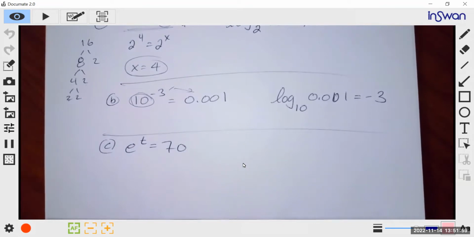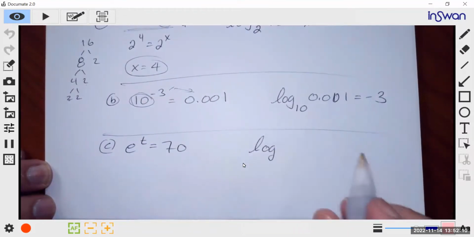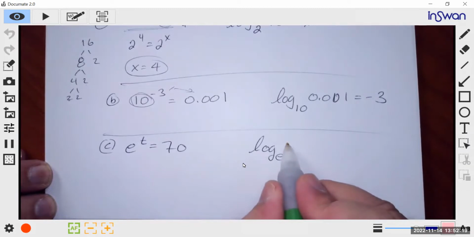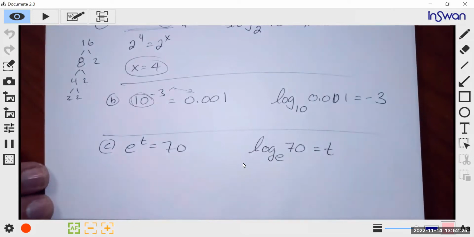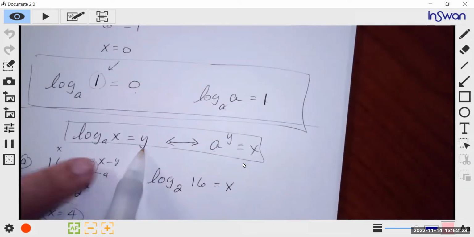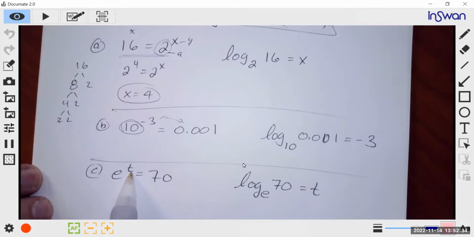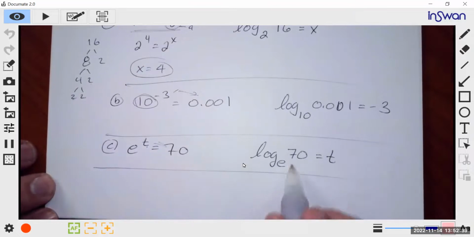How would you write that one? Wouldn't you log e to, yeah, e equals 70, or no, yeah, that's what I mean. Remember, whatever your answer is here becomes your exponent, or conversely, whatever your exponent is becomes your answer. These two have to switch places. So that's the answer. That's as far as we can go.